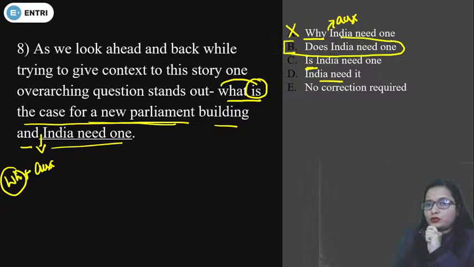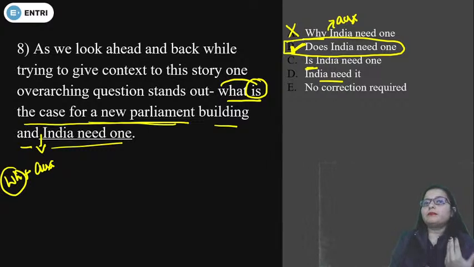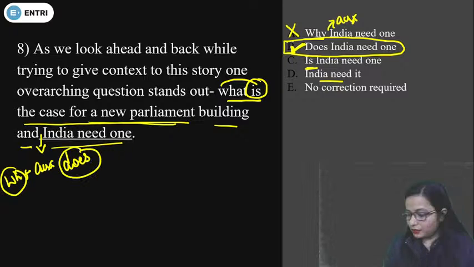So we have to choose does India, because if we write does, we do not need why or any wh word before it. We can simply ask a question just by using the correct auxiliary verb, and the correct auxiliary verb here is does. Does India need one? Right?